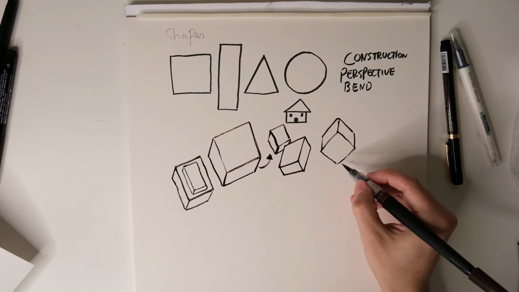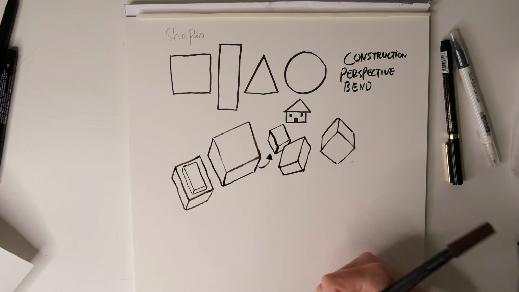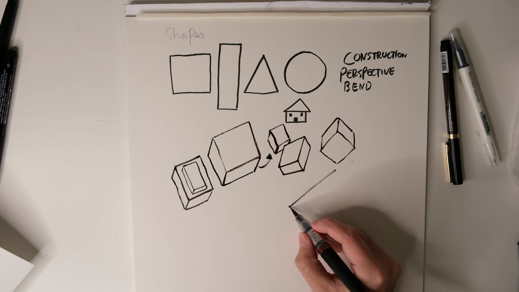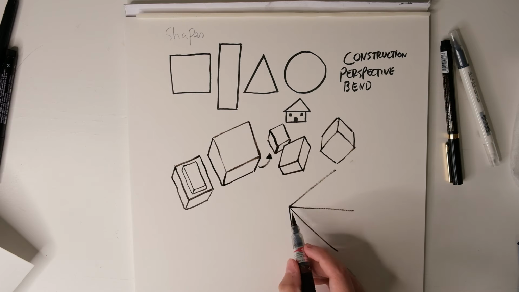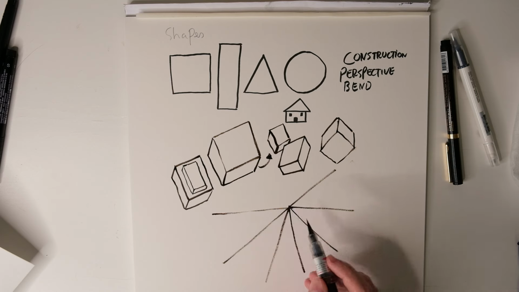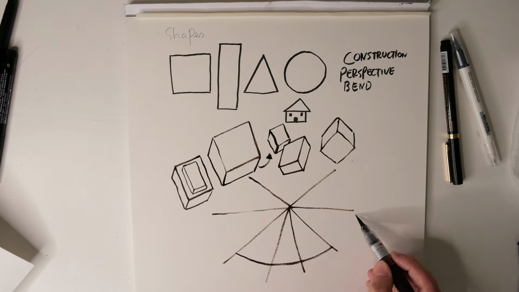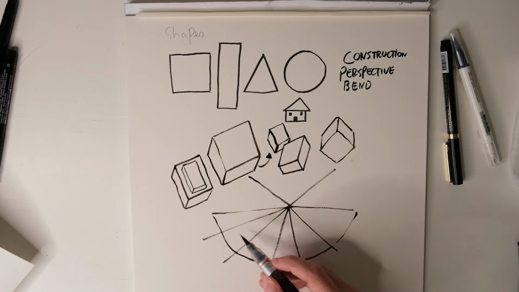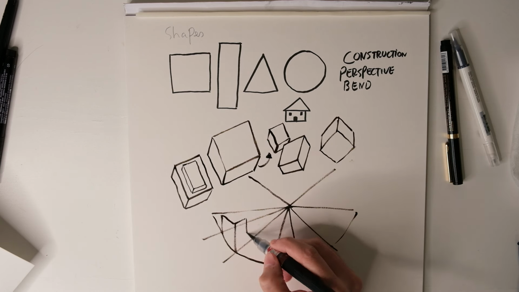You will probably see a lot of videos on Instagram or YouTube of people doing the fish eye perspective thing, where they have this perspective and they draw a couple of lines. You've probably seen this before, and it looks cool, right?